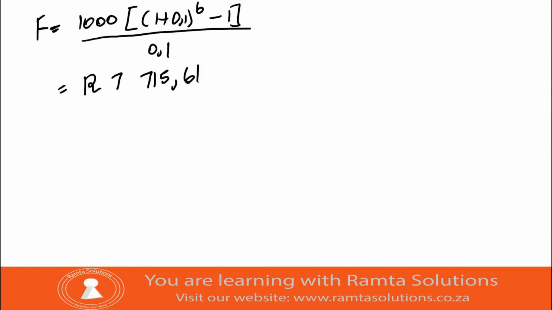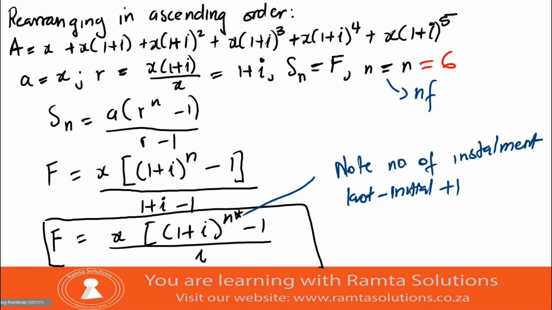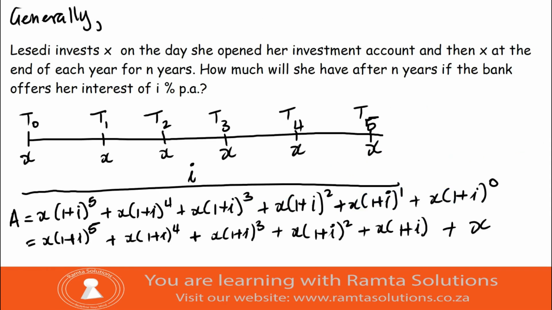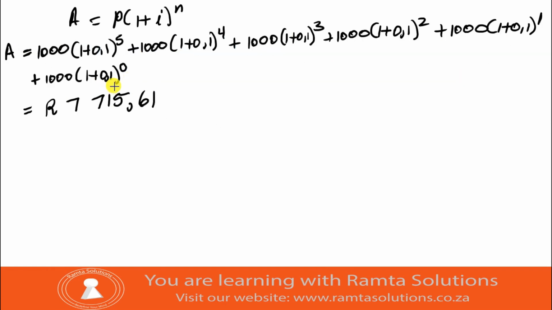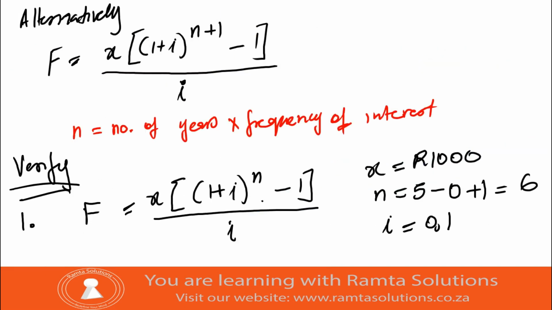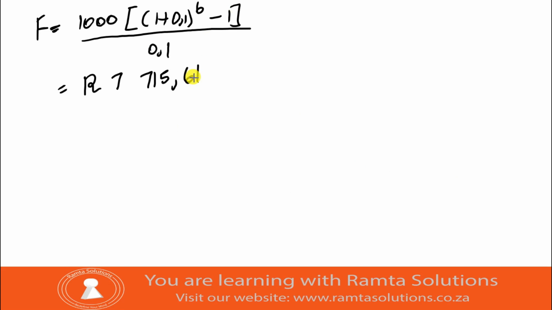Let's confirm if this is the same as the one we got when we were calculating manually. 7,715 rands and 61 cents. Can you see that? So this long calculation has been simplified into a formula. Can you guys see that?